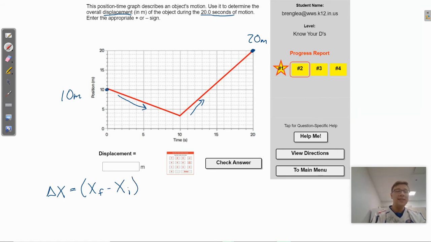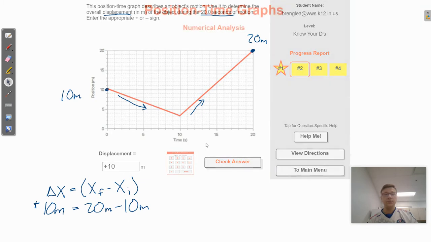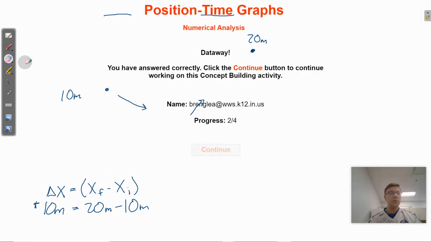In this case, that is going to be 20 meters minus 10 meters, which is simply 10 meters of displacement, positive 10 meters. So this should be positive 10. Okay, good. So we'll go ahead and clear the screen.